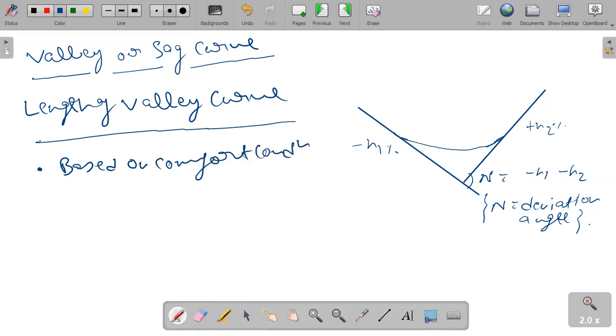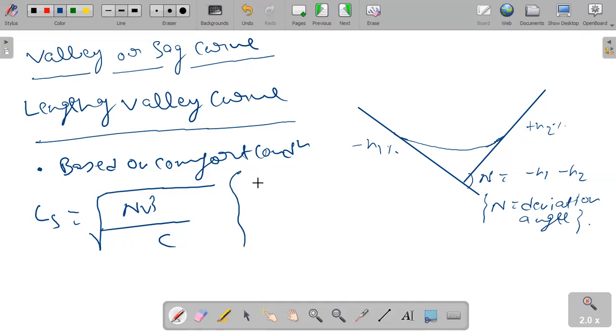Based on comfort condition, the length of the valley curve is 2 Ls, where Ls is equal to N v cube upon C. C is the rate of change of centrifugal acceleration. Remember one thing here: C is limited to a value of 0.6 meter per second cube.